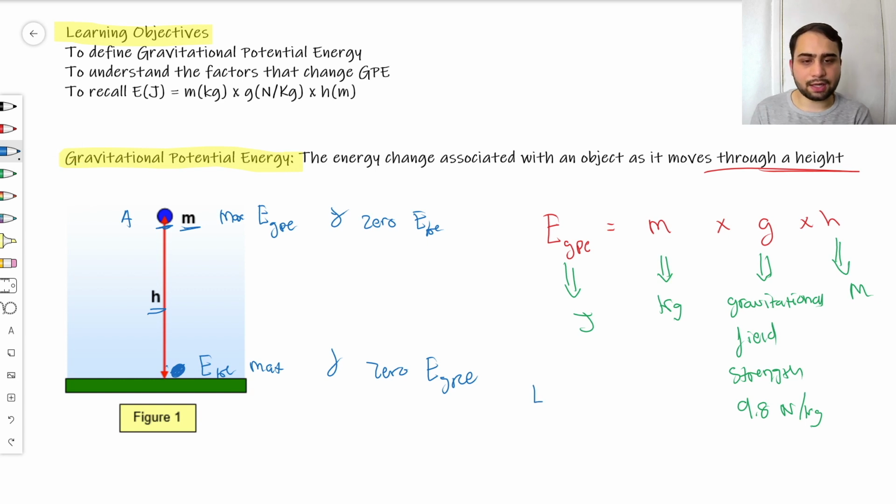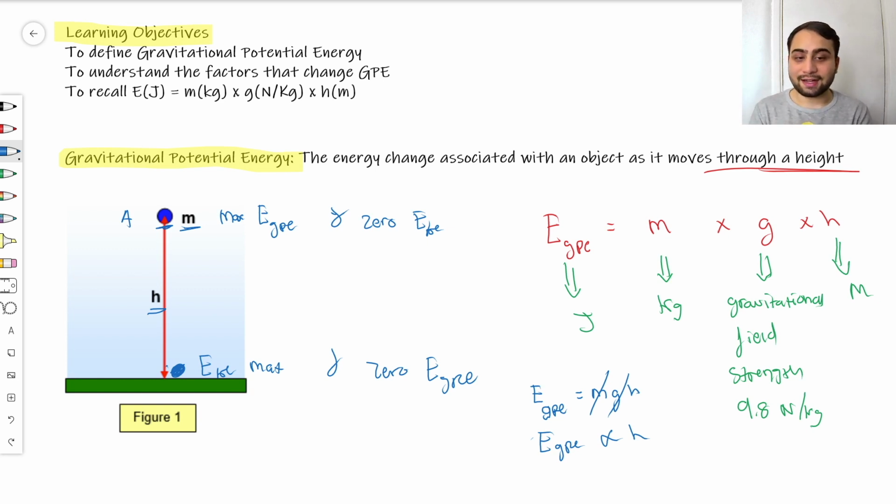So if you have a constant planet, so a constant gravitational field strength, and a constant mass, we can just cancel m and g out. So E is directly proportional to height. If we double our height, we get double the gravitational potential energy.